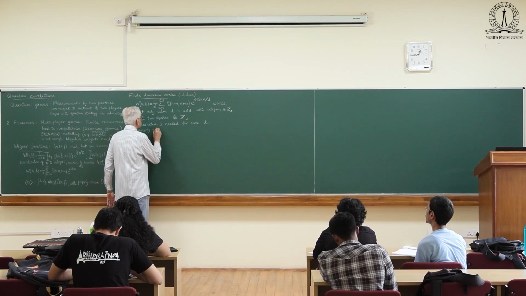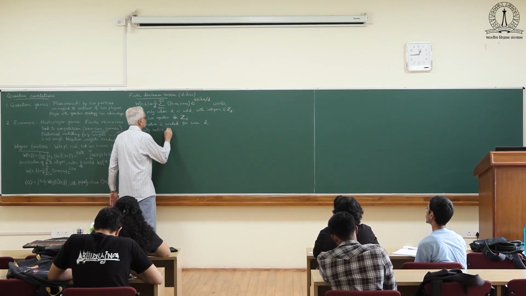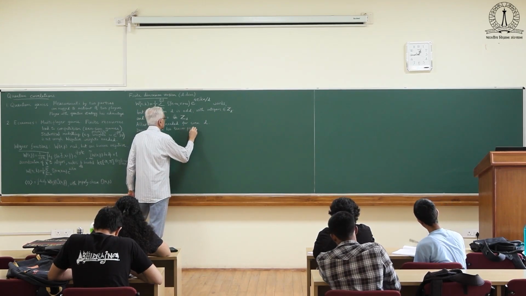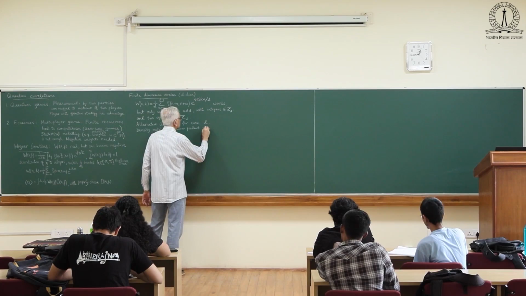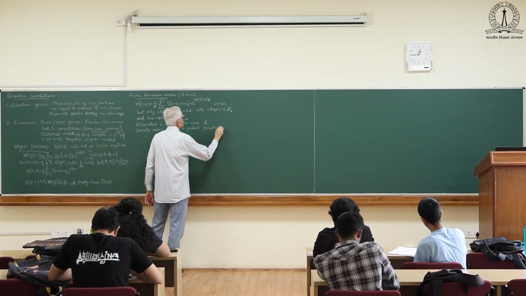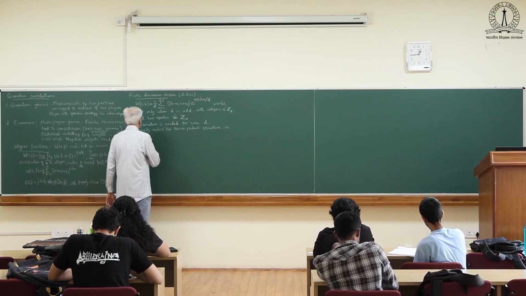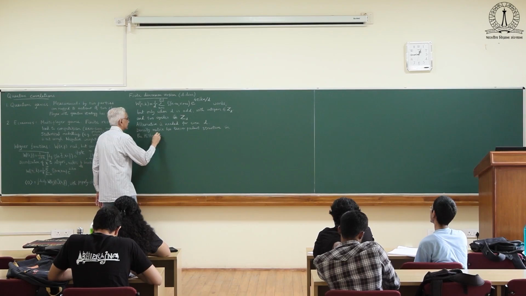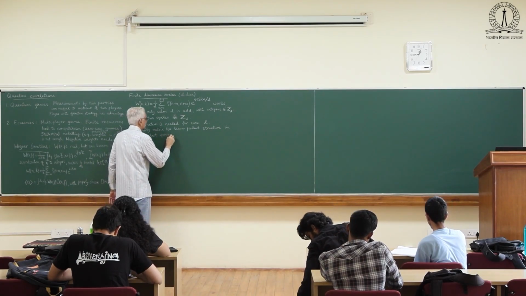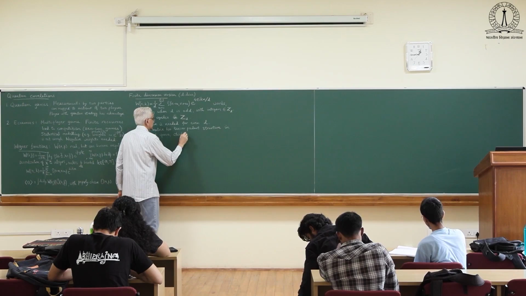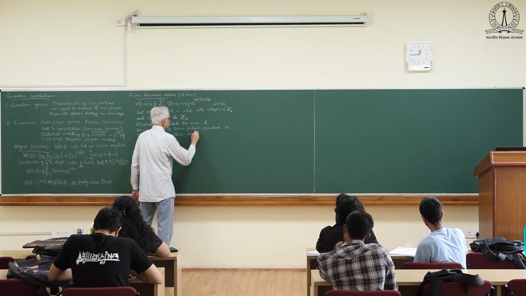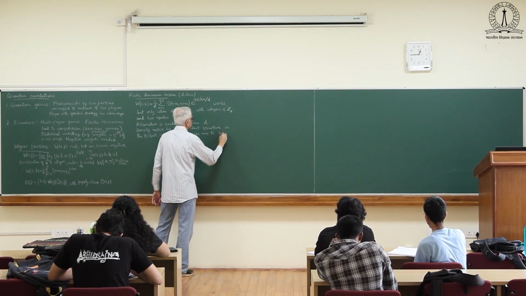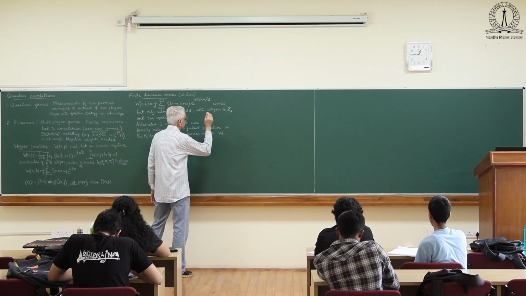So the density matrix has tensor product structure in the Hilbert space, which carries over to W, whatever it is.